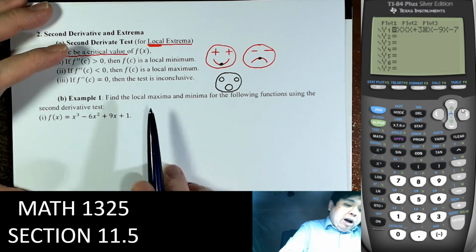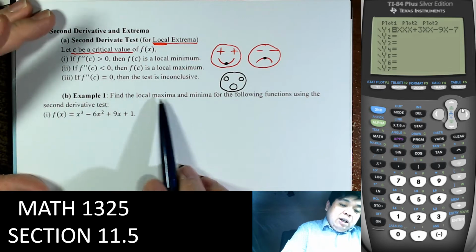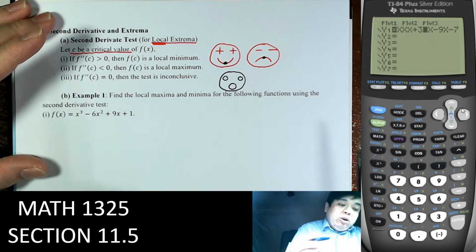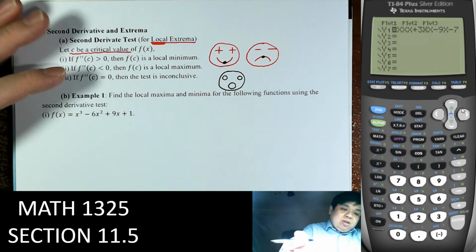Alright, so find the local maxima and minima for the following function using the second derivative test. So first we have to find the critical values.